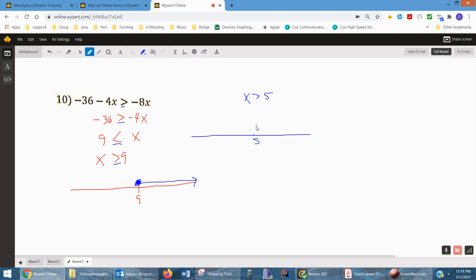They'll use an open parenthesis instead of a circle, a left parenthesis. And if it's x is greater than or equal to 5, they use a bracket symbol. So you have to determine what's expected from your textbook.